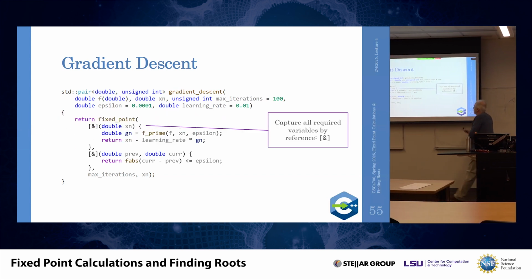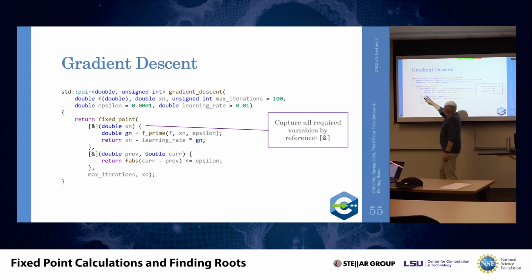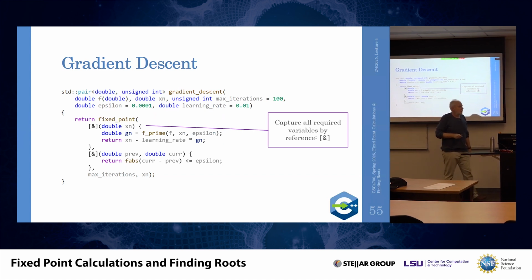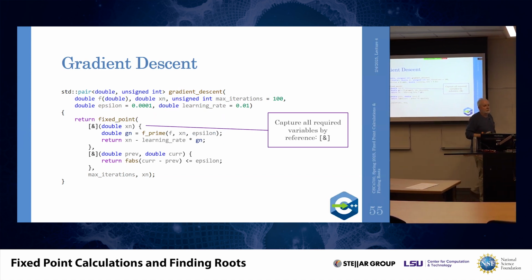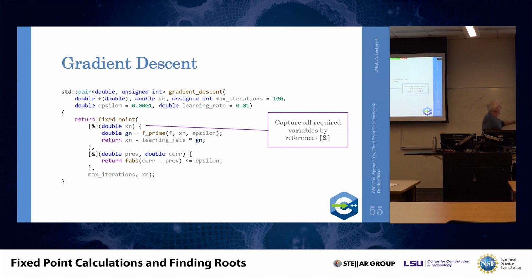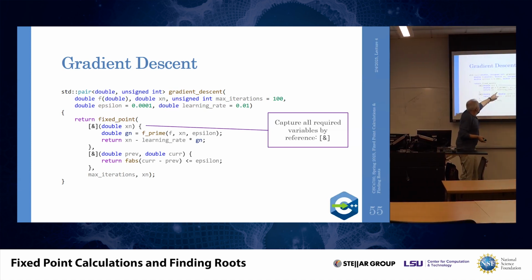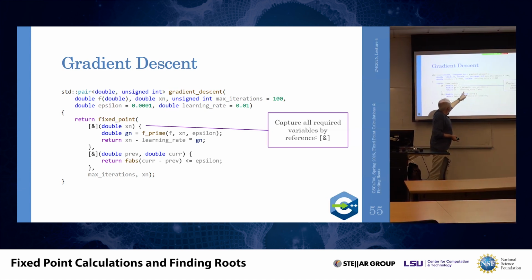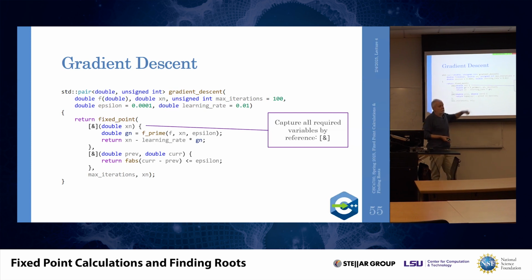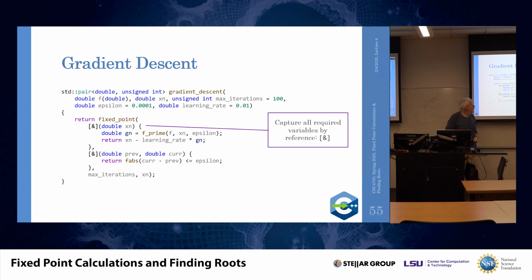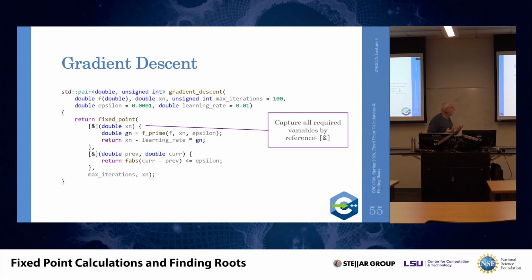By the way, I'm using the ampersand in the lambdas here, as you see. The ampersand stands for please capture all variables I need by reference. Otherwise I would have to list f prime, f, epsilon, and learning rate in the capture clause. But since I'm too lazy, I'm just saying, okay, capture everything you need by reference.